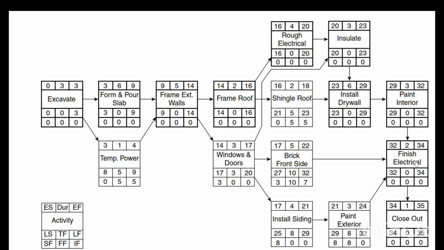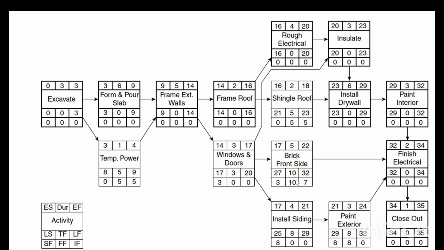So in this case, this activity will have no impact on the early start date, because in other words, there is no float here. I cannot delay it, because this one is 32, this one is 32.